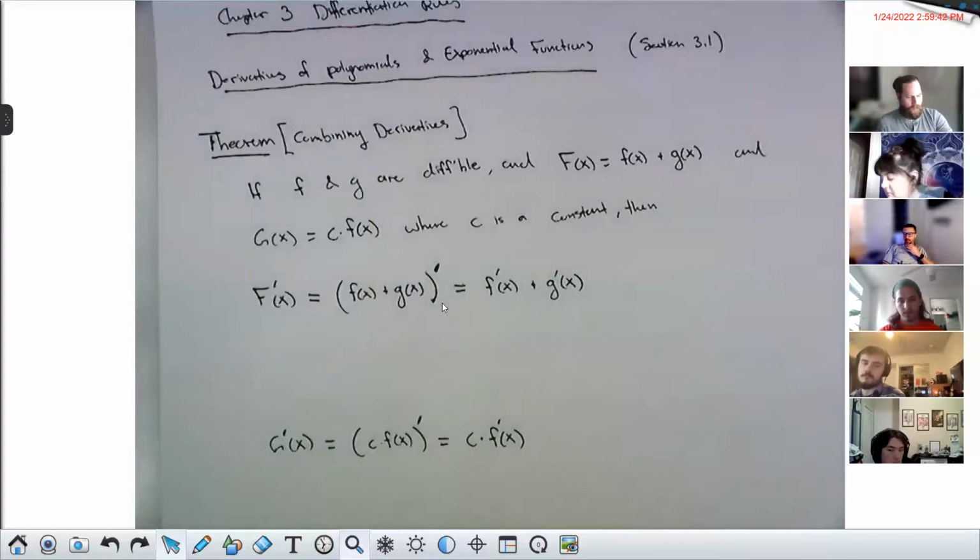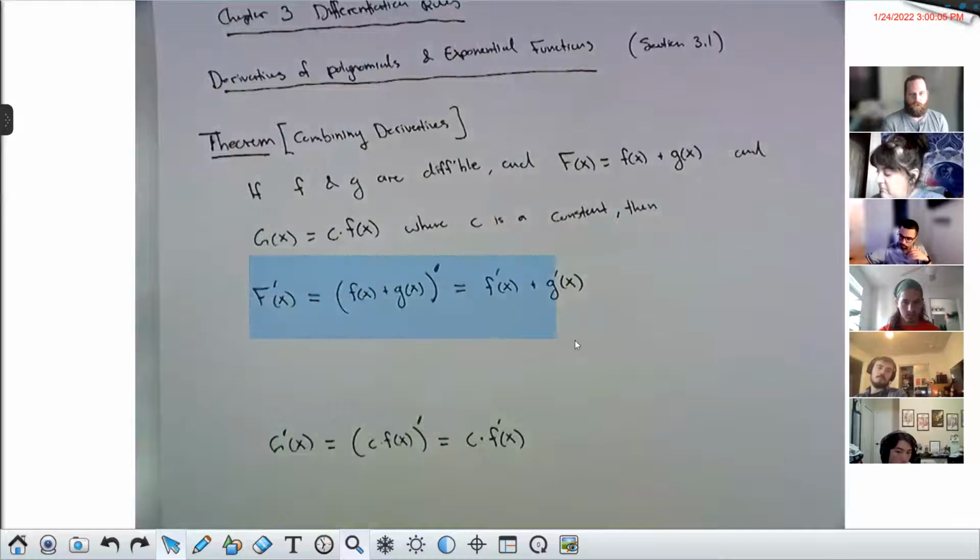So I'm going to show you the operator notation for each of these. Basically, you can think of the prime as a command. What it does is it takes in a function and it spits out its derivative. The two men who first discovered calculus discovered it independently, and they had their own notation for it.